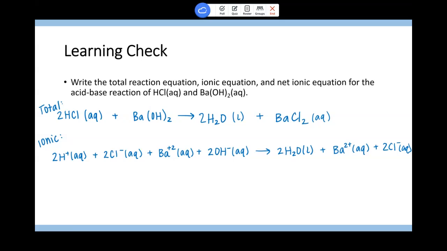To write the net ionic equation, we cancel out spectator ions. In this case, Cl minus and Ba2 plus.